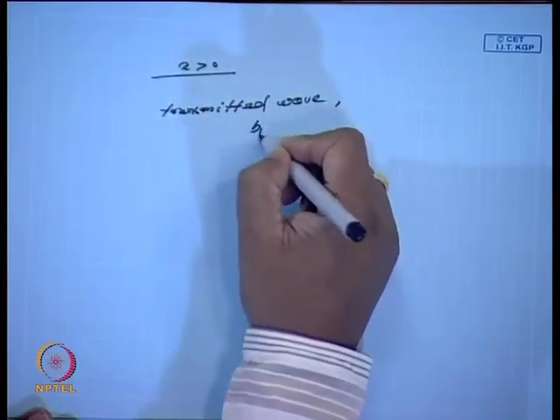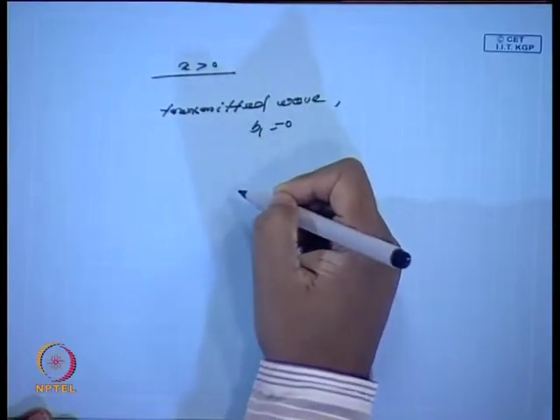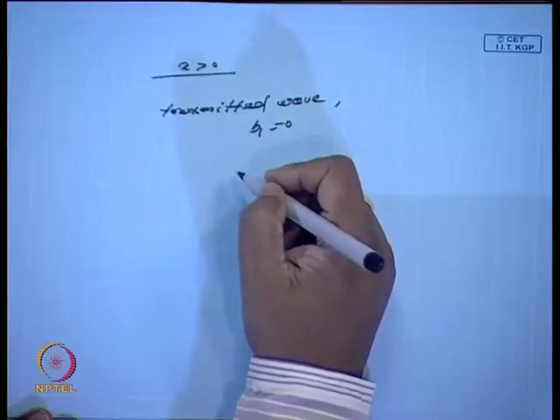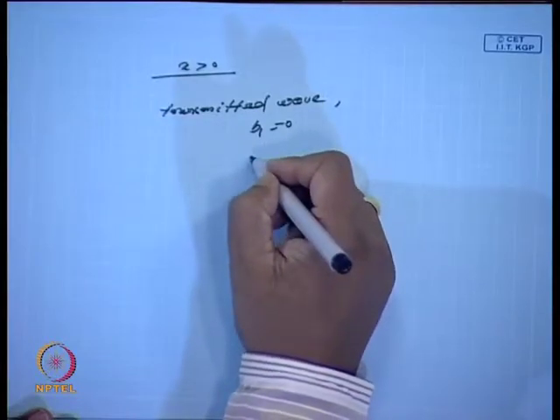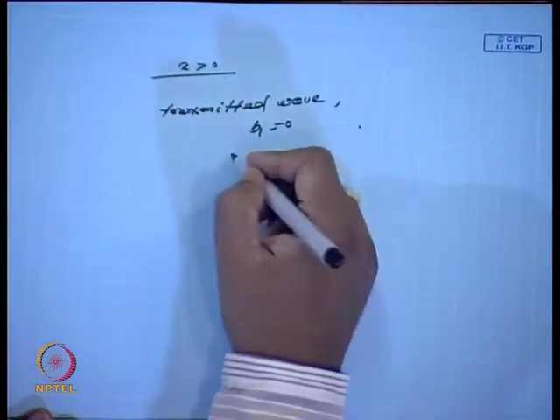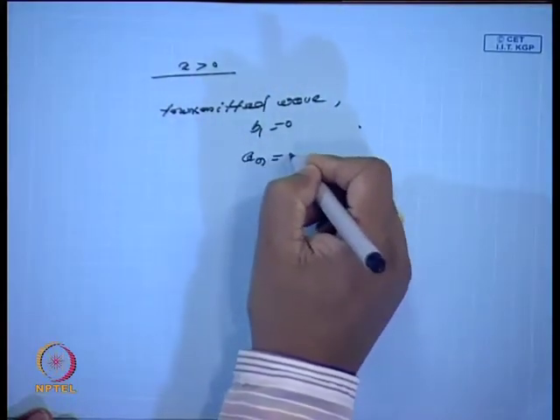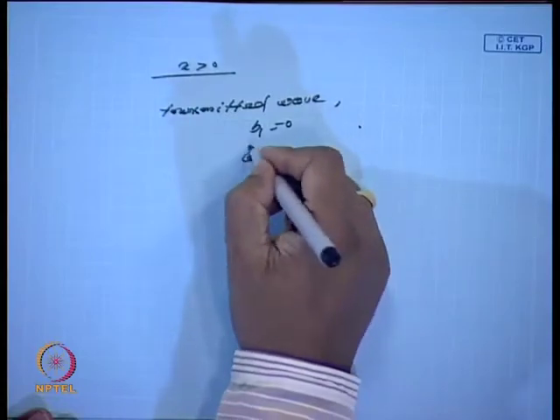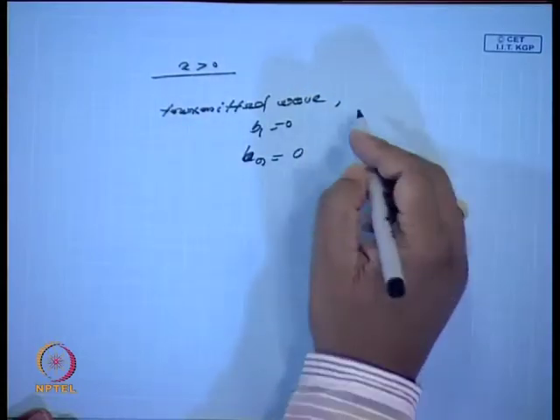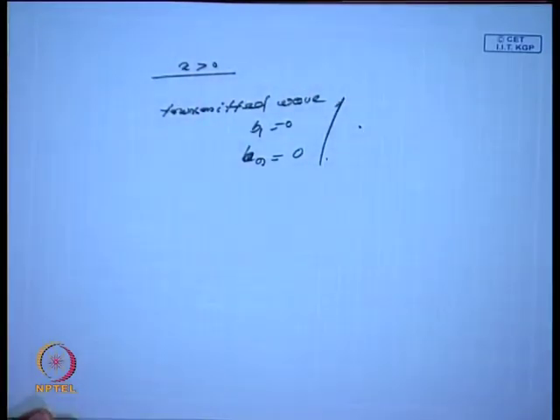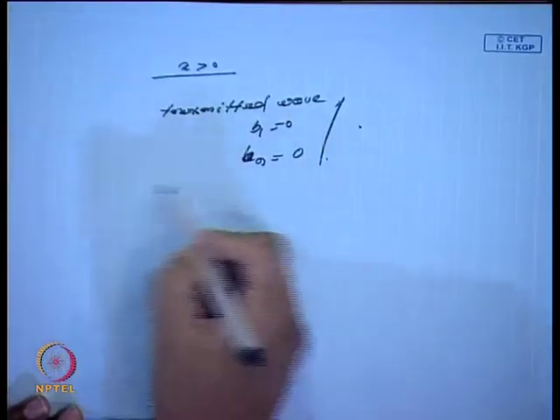In the case of the evanescent modes, for x greater than 0, I have a n's, and b n's will be 0. Of course, the left side constants need not be the same as the constants on the right side; they will be different. I will come to an exact problem next.